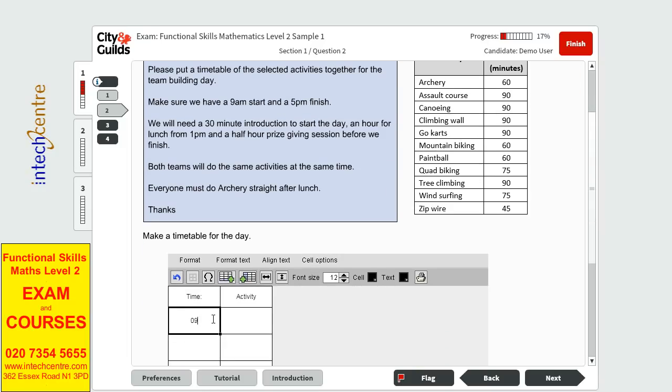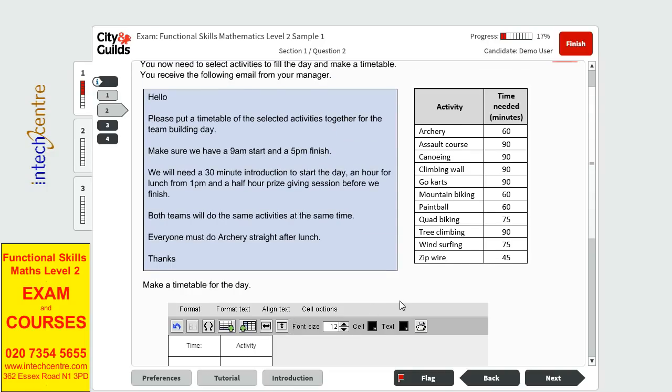So we have a 9 a.m. start, and from 9 a.m. to 9:30 there will be an introduction. That's what they say that we have to start the day off with. Perfect. And then from 9:30 to, let's pick an activity.